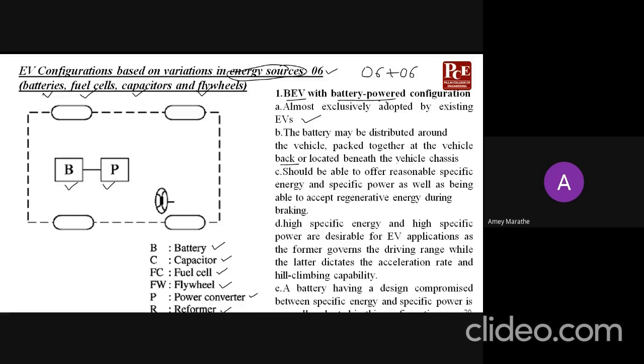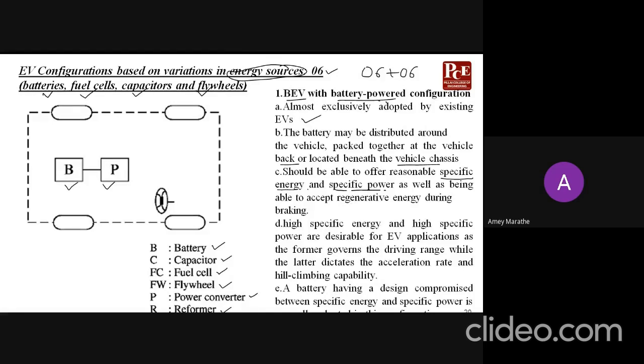The diagram which we saw earlier also, just recall that, you will be able to understand what we are talking about. Now please pay attention to this. It should be able to offer good specific energy and good specific power.